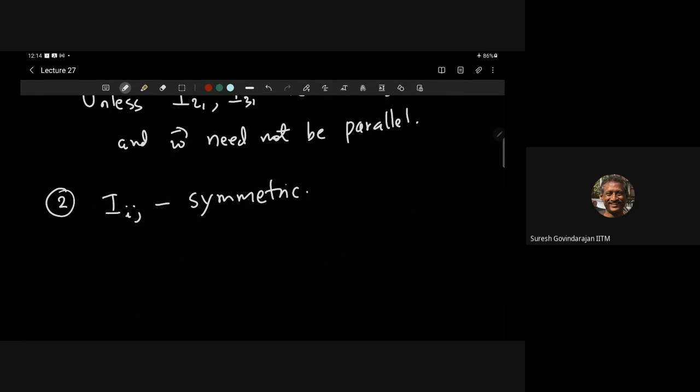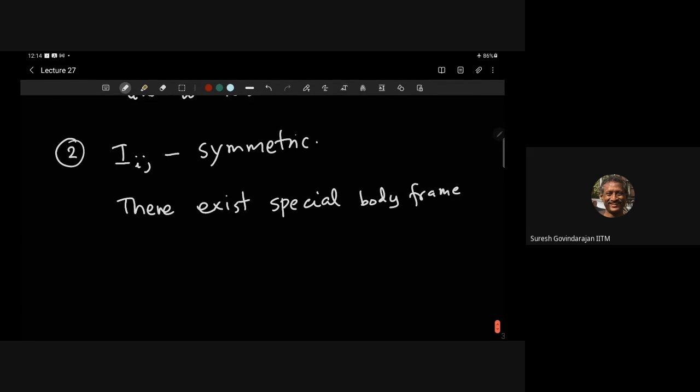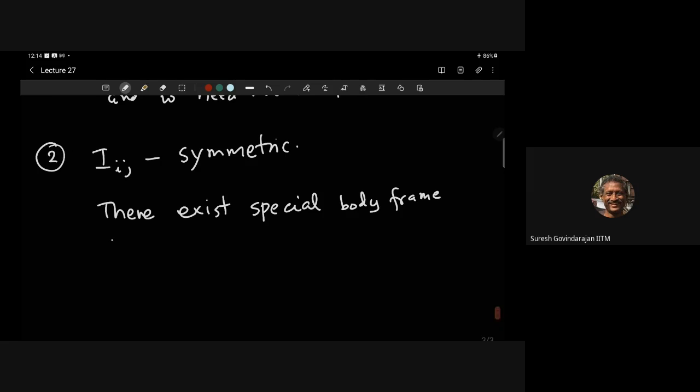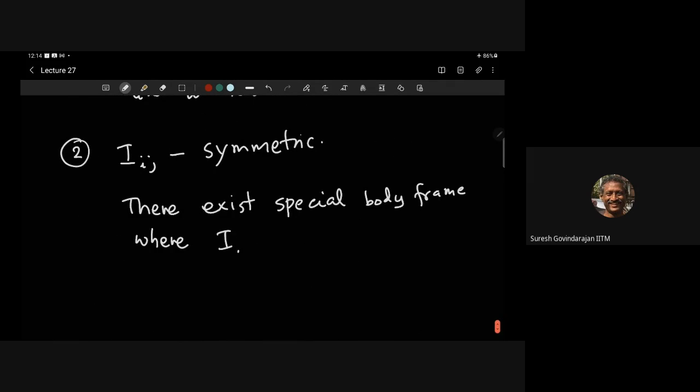So what we can do is choose a special body frame where I_ij is diagonal.